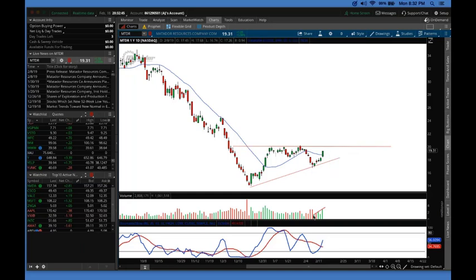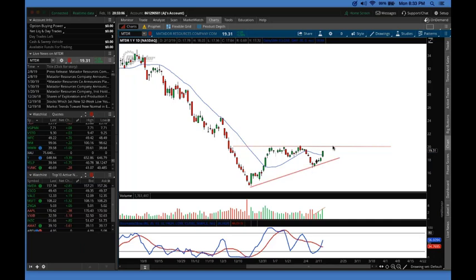So think about this as buyers strapping on their helmets and getting into their cars, getting ready to hit the gas and crash through the brick wall, being the resistance. They are preparing for a breakout. That's what that generally means. So if this one breaks out, chances are it will continue up to the next resistance.